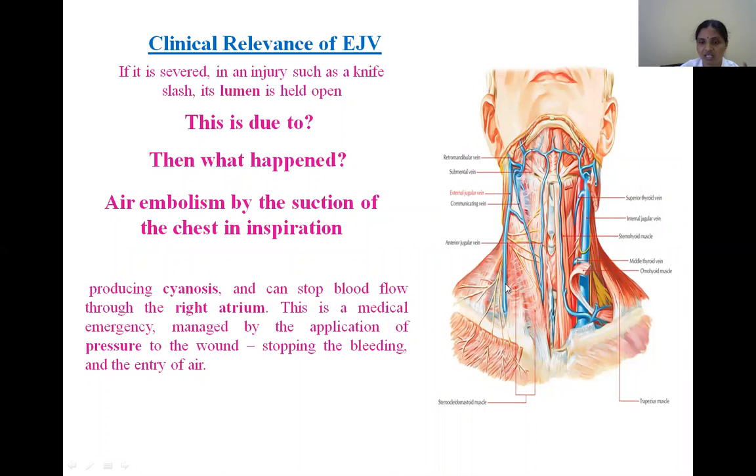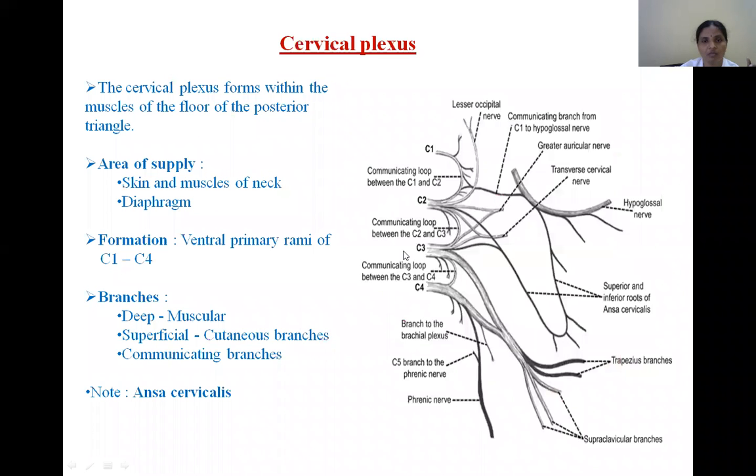That is why the external jugular vein can serve as a venous manometer. In the recumbent position, we can appreciate the venous blood in the middle third of the vein, between these two valves. So it can act as a venous manometer also, right?